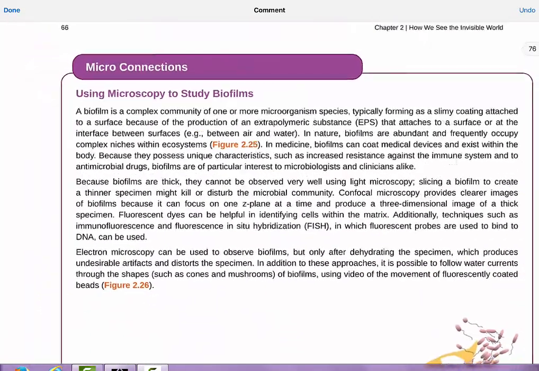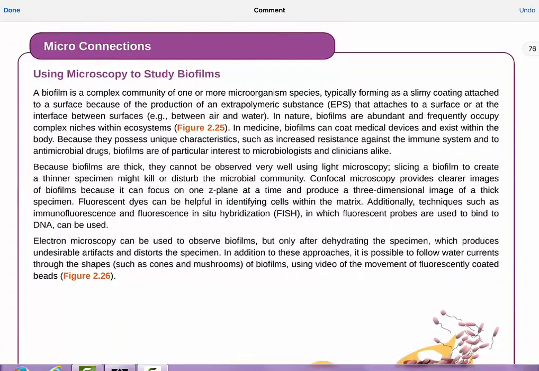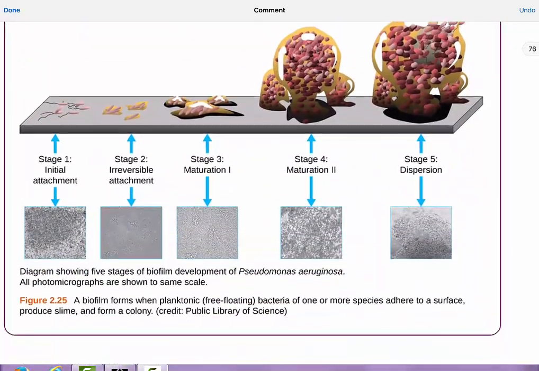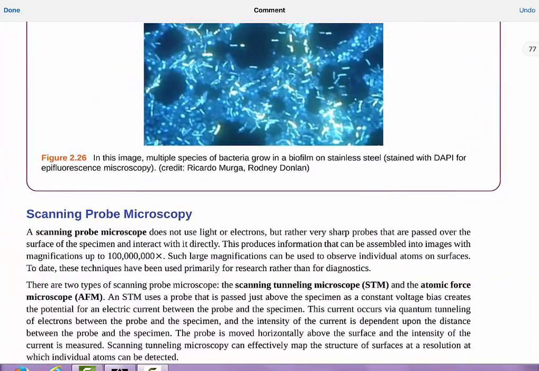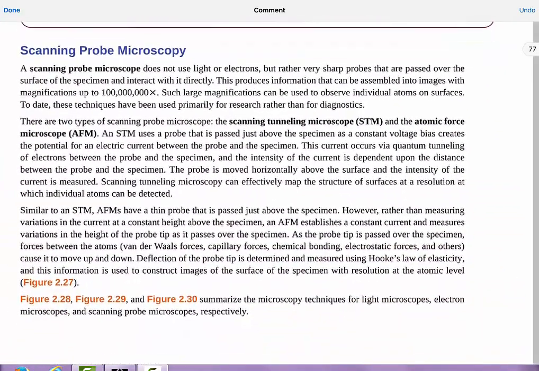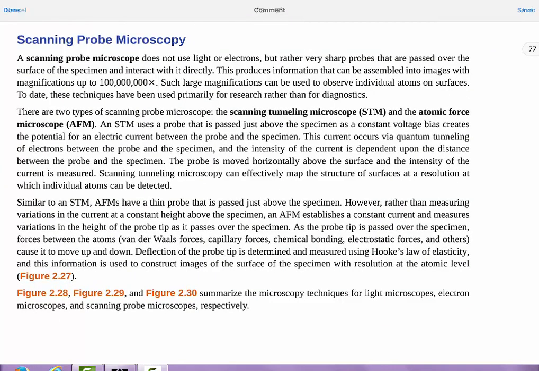All right, so it's discussing a little bit about biofilms, which we'll talk more about in future chapters. And then we can talk about our scanning probe microscopy. Our scanning probe microscope does not use light or electrons, but rather very sharp probes that are passed over the surface of the specimen and interact with it directly.